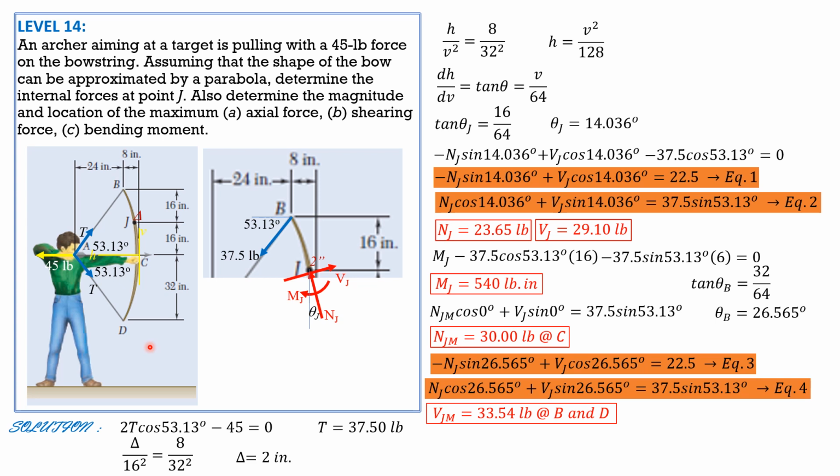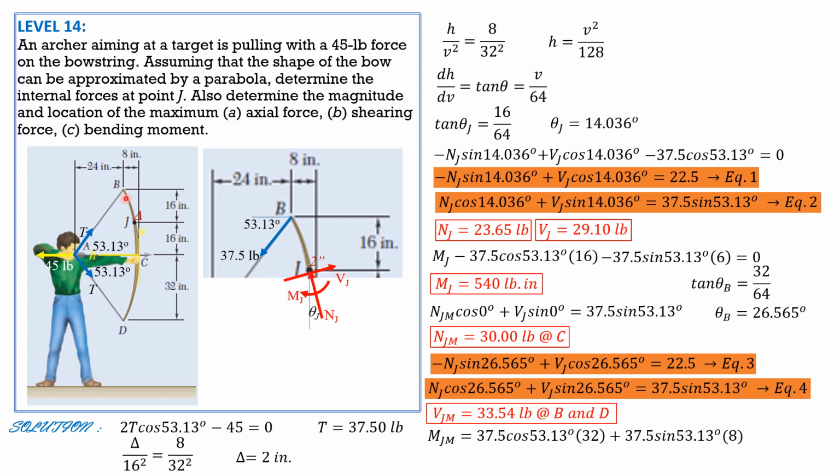Finally, the maximum moment occurs at C because the moment arms of this 37.5 are maximum at C. Since we resolve this into components, Mj equals 37.5 cosine 53.13 degrees, the moment arm is 32 at C, maximum, plus 37.5 sine of 53.13 degrees, the moment arm is 8 inches, maximum also.